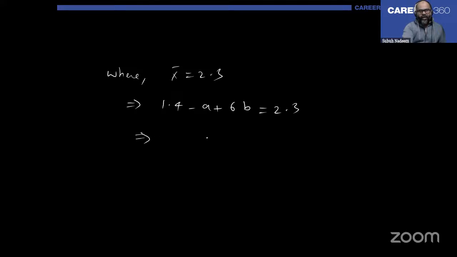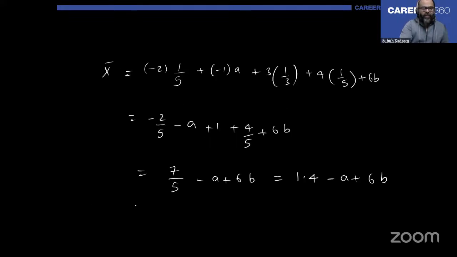So we will get a minus 6b is equal to 1.4 minus 2.3, that is minus 0.9. We take it on the LHS only so that it will become a plus sign. So a minus 6b plus 0.9 is equal to 0.